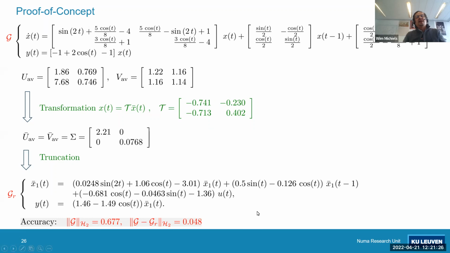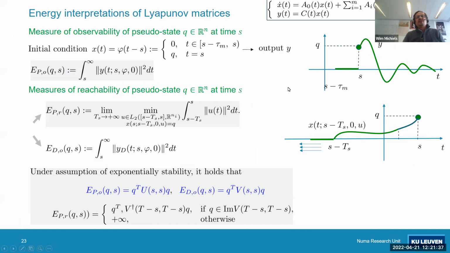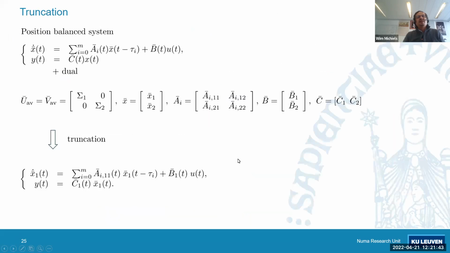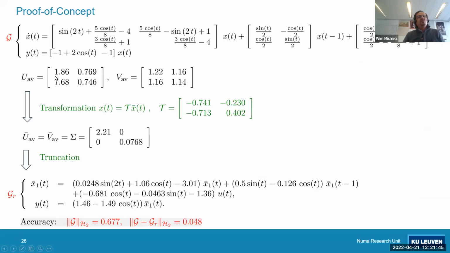But just to illustrate the concept, I have here a linear time periodic equation. There are some delays inside. And we compute the gradients related to these two quantities, the U and the V. We do some averaging, and we get these two matrices at the very end.